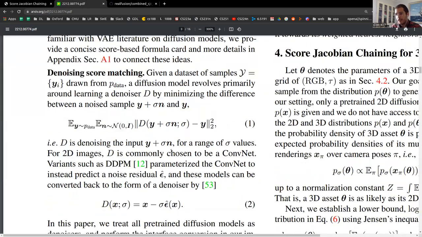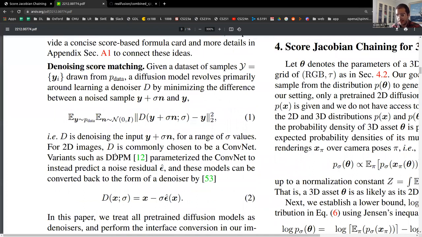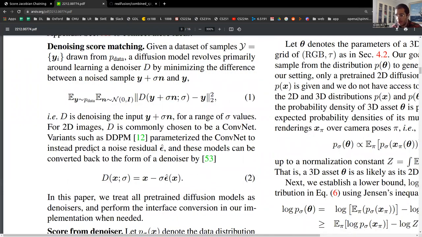Now, this differs from classical diffusion models because some diffusion models do not directly model the denoiser. Most diffusion models try to predict the noise on an image.